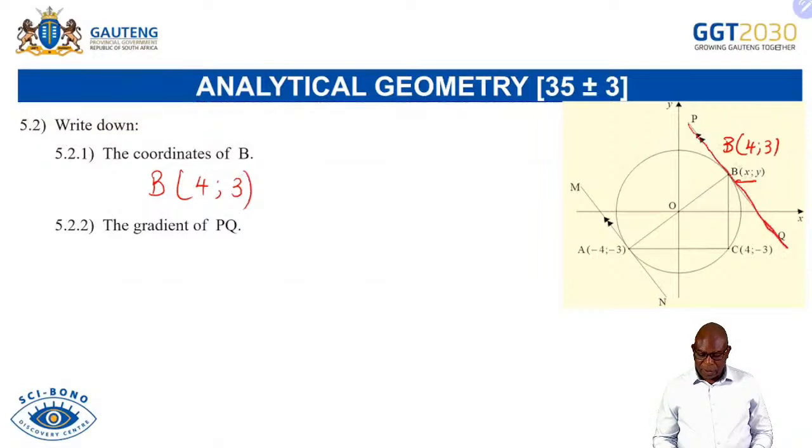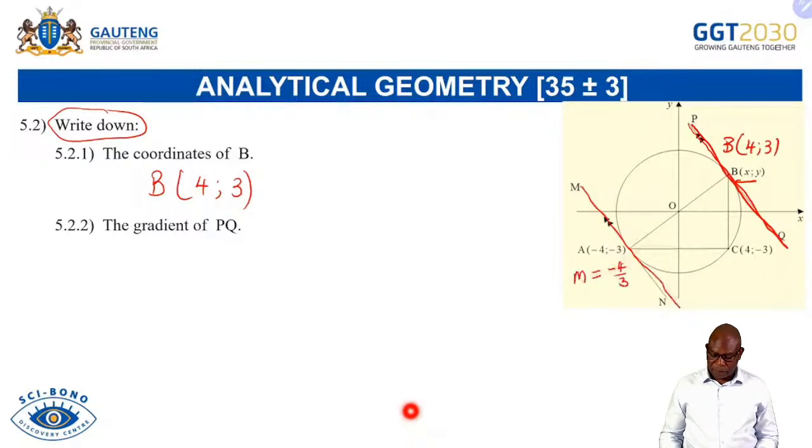I think we've already done that. The gradient of PQ, and they said write down. Can you see? Well, there's nothing to calculate. Why? It is because the gradient of that line is there in the equation. And the gradient of that line was, I think, minus 4 over 3.